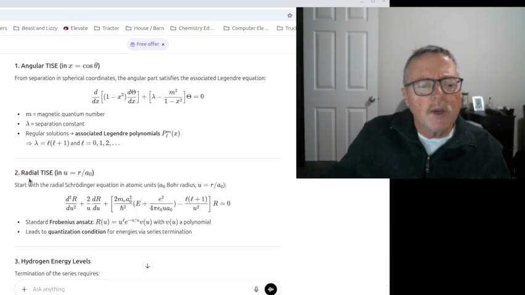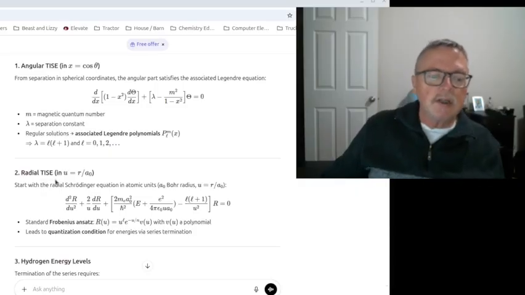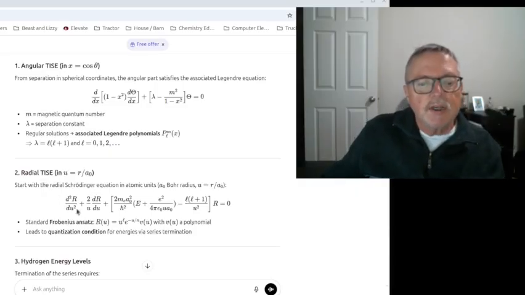So let's go down here to the radial part of the time-independent Schrodinger equation. And some of this, remember we substituted U, and this is the same substitution, only we're using it with R over A sub 0. A sub 0, that's the radius of the Bohr atom.